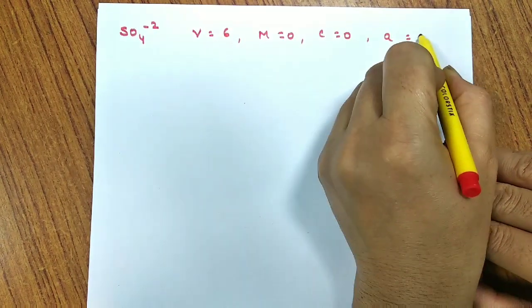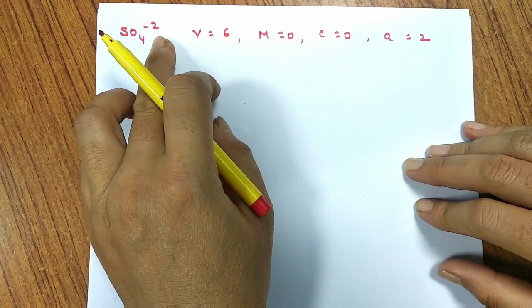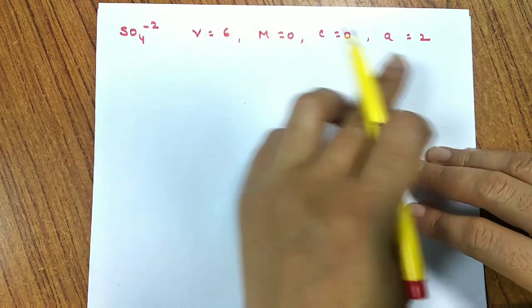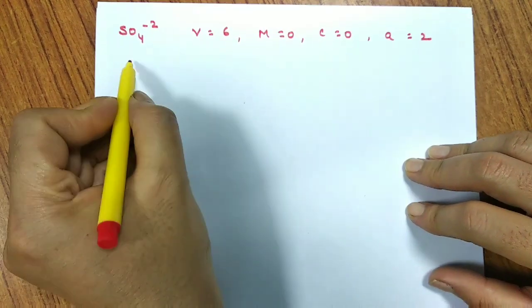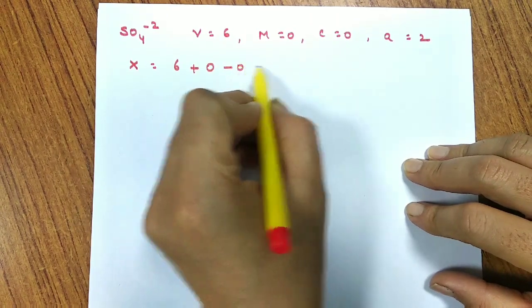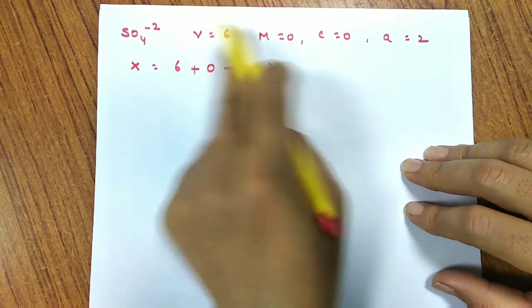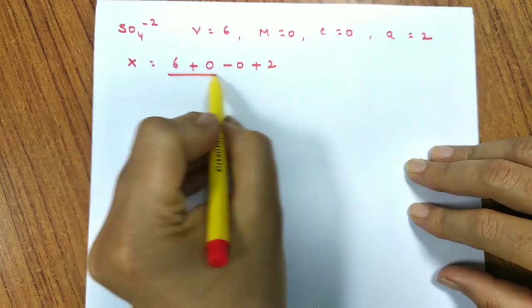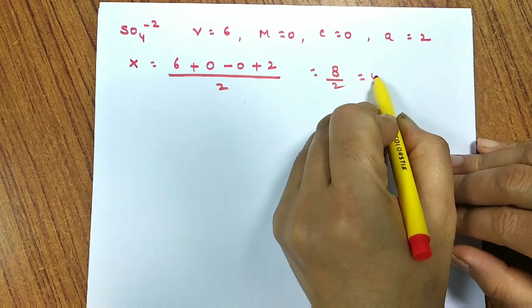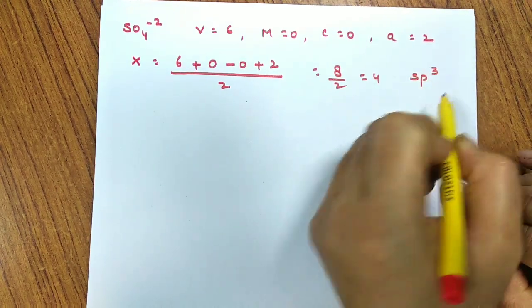This time A is the charge on the anion. This species is a polyatomic anion, so it has 2 charge. So A would be 2. Put the value 6 plus 0 minus 0 plus 2. Minus charge will come with a plus sign and plus with minus, we studied this earlier. And it comes out to be 8/2, that is 4, and for 4 the hybrid state would be sp3.